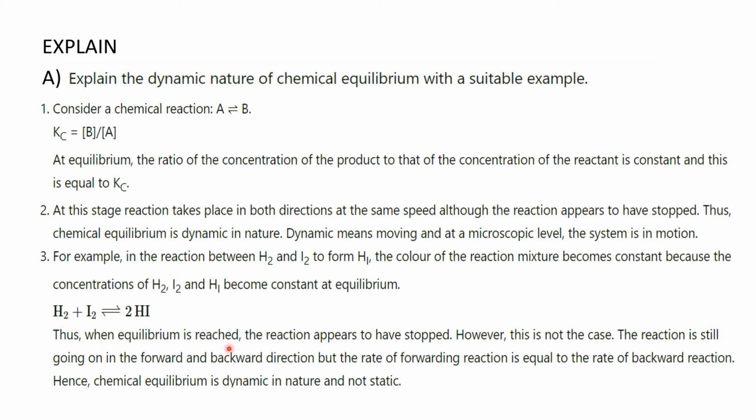Thus, when equilibrium is reached, the reaction appears to have stopped. However, this is not the case. The reaction is still going on in the forward and backward direction, but the rate of forward reaction is equal to rate of backward reaction. Hence, chemical equilibrium is dynamic in nature and not static.